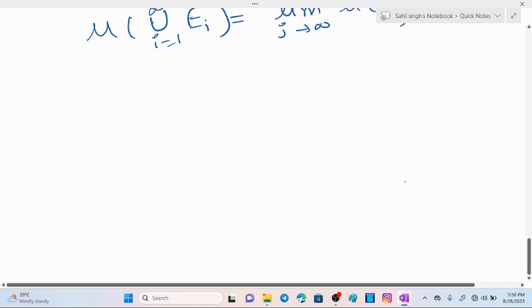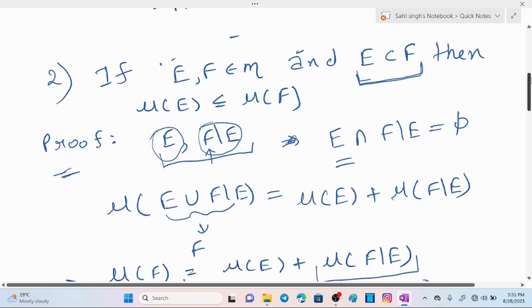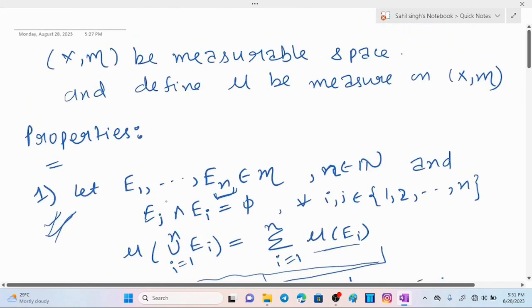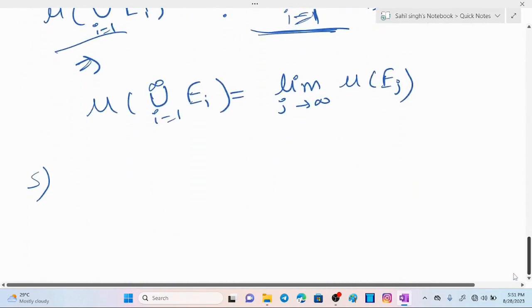Okay, so another thing is, till now we have proved this for finite disjoint sets, and the union of these can be written as their individual mu summation. Now we will generalize this case. Okay, what do I mean by generalize?